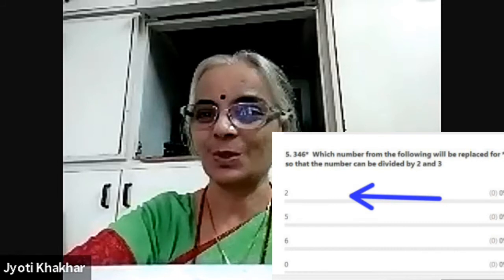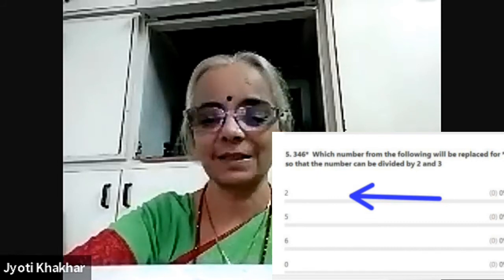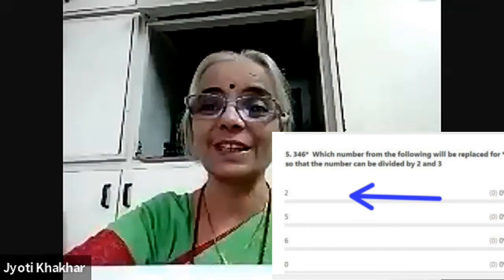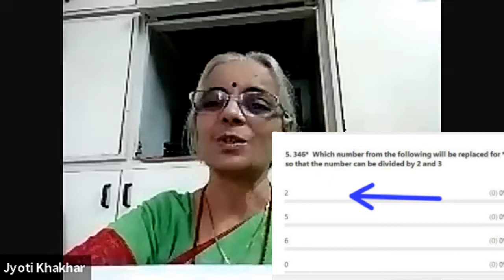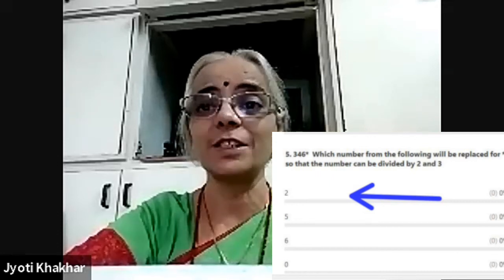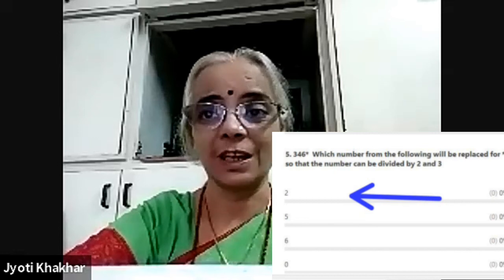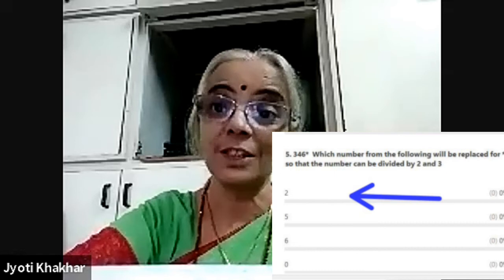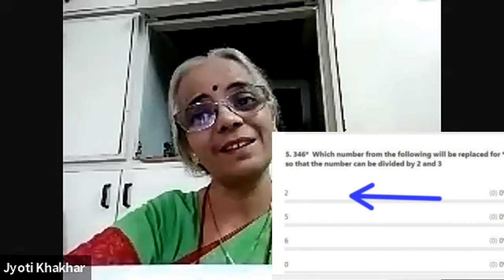No, so 6 is not the correct answer. And the total is 13. So that is also not the correct answer. And so we got the correct answer is 2. When we replace the star with 2, the number becomes 3462. That can be divided by 2 and that can also be divided by 3.